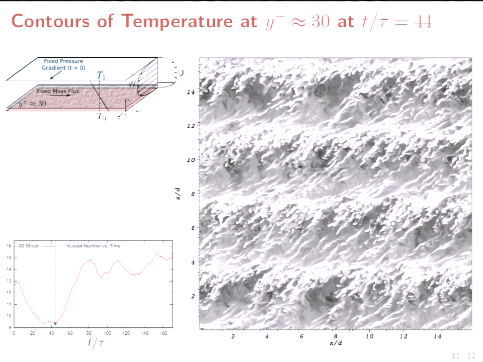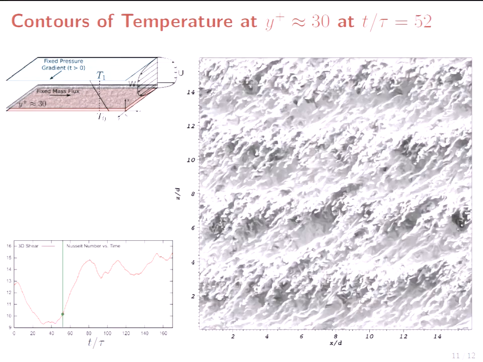So in effect, you're breaking up these large-scale organized motions that are mixing the flow, and when you break them up, there's nothing left to bring the low-speed fluid near the wall up and the high-speed fluid down near the wall. And so we're trying to see how this counteracts each other.